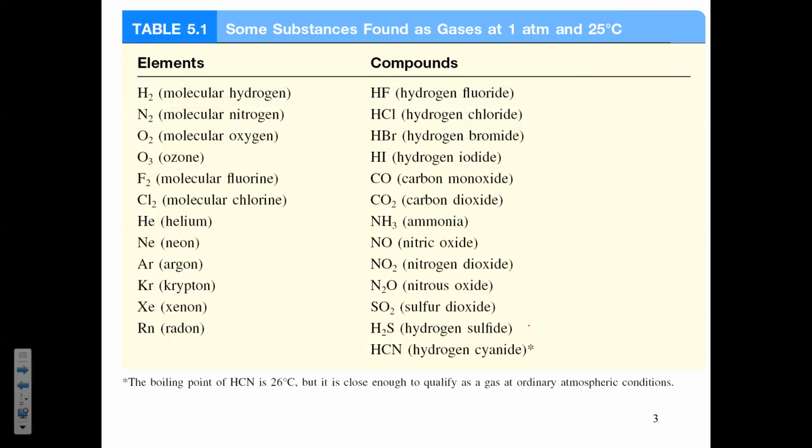So things like H2 or N2, O2, O3, which is ozone, the molecular fluorine, helium, neon, argon, krypton, xenon, radon, etc. Okay, there's also some compounds that fall into this category, and these are common compounds that we use all the time, like CO2, NO2, sulfur dioxide, hydrogen iodide, etc. So these are probably the ones that we are going to revisit pretty often throughout this lecture.